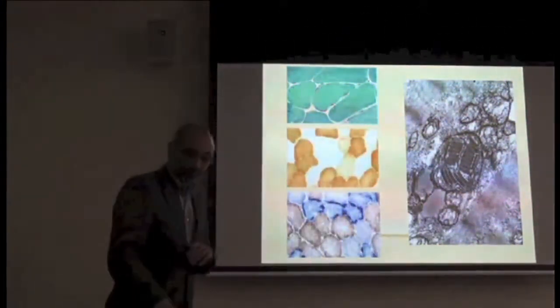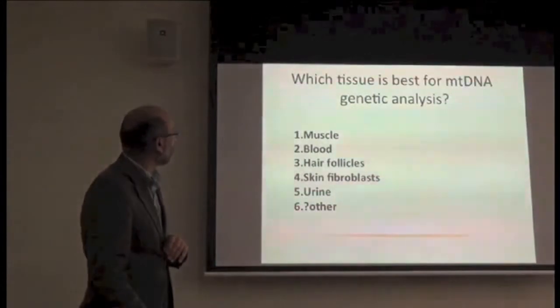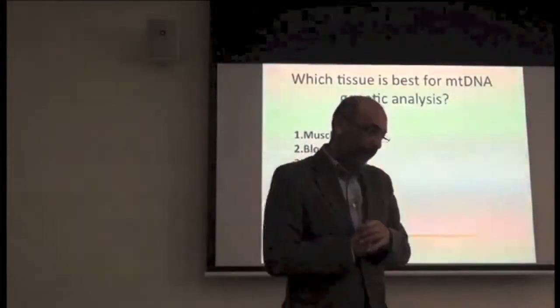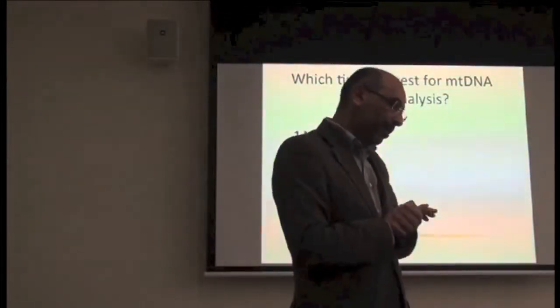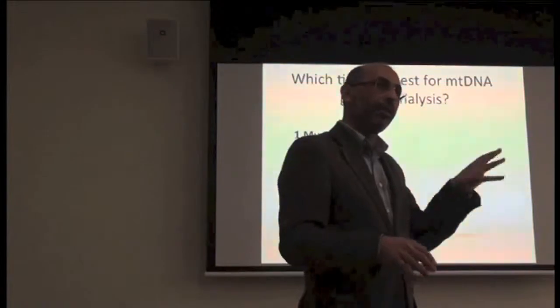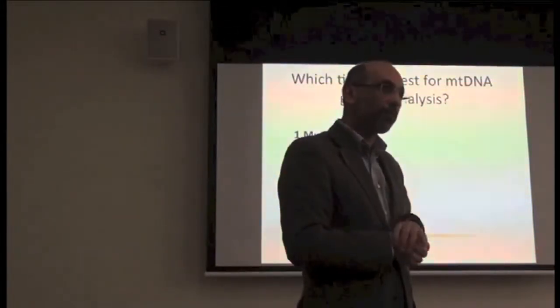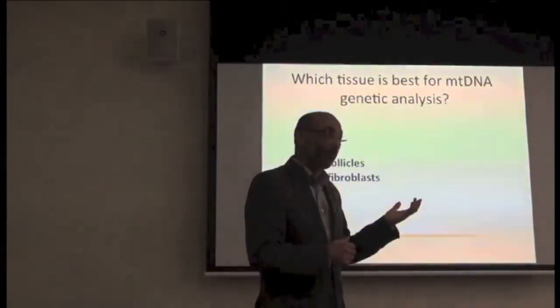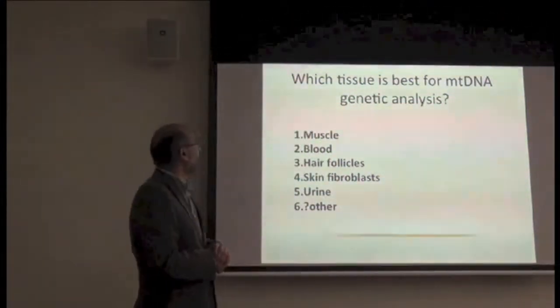So the genes are tested in the mitochondrial DNA, but also in the nuclear DNA, and this is the focus of much of David's work, searching for new genes in the nuclear genome that cause these diseases.